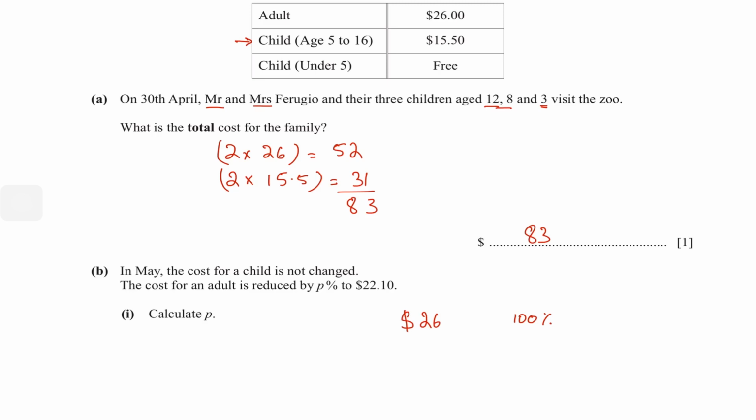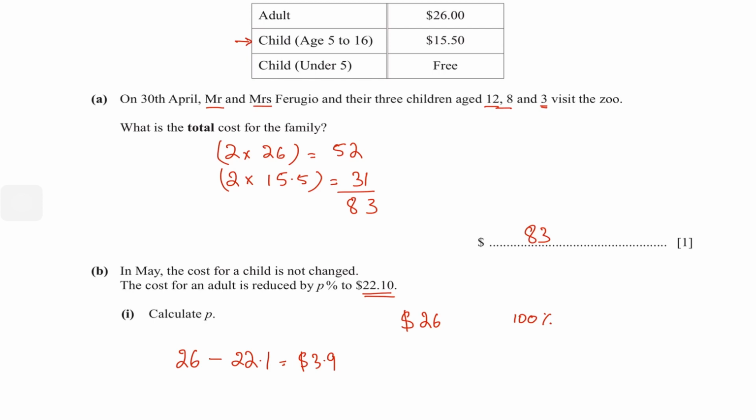Now let's work out the change in price by taking 26 and subtracting 22.1. Since this is paper 2, we can use a calculator. This is equal to 3.9.